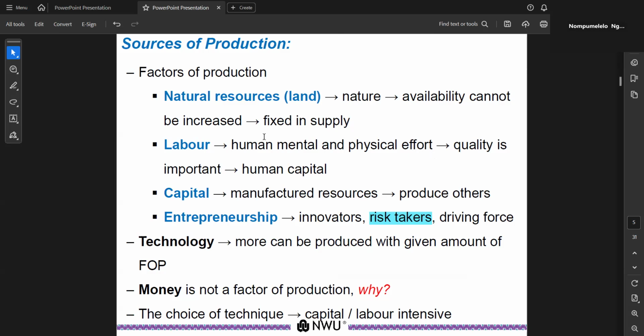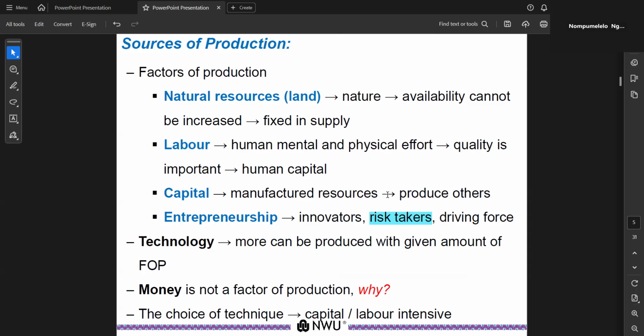And I did mention, if you watched my video for part 2, that labor is divided into two parts: human mental, which is basically your skills and the knowledge that you have, and then physical efforts, which is when you put in the work to be active in the production process in an organization.